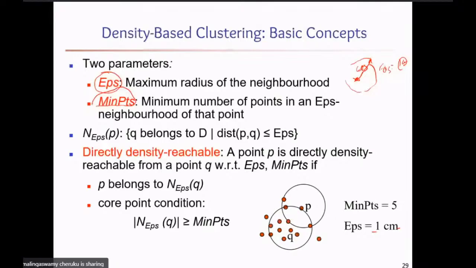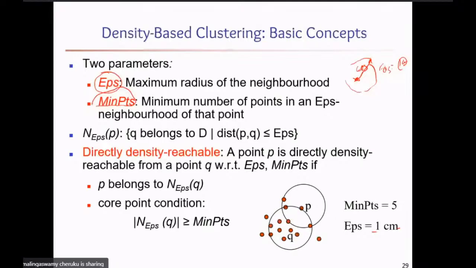Our idea is to identify such points and make them a group. With this, we can say that this particular algorithm will definitely identify arbitrary shapes. It need not be a convex shape. It can be of any shape, and this clustering algorithm is able to handle that.